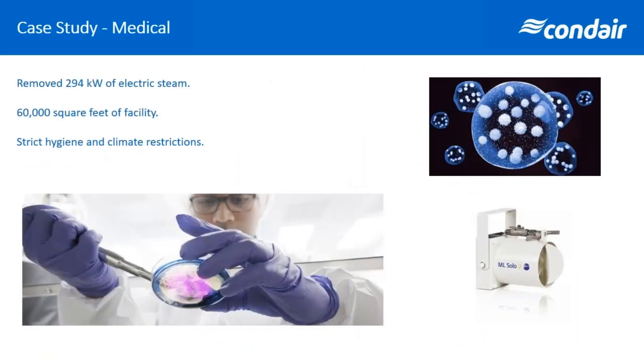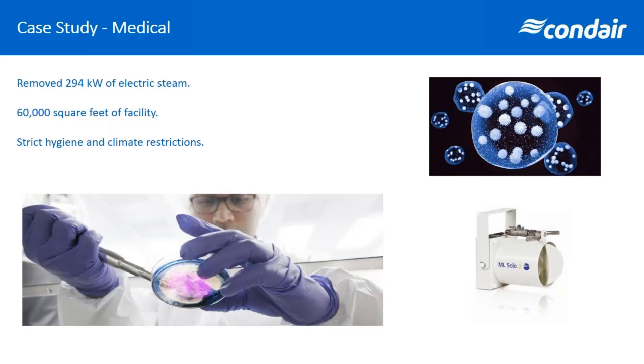Case studies, you can find them at the Condair website, www.condair.com, under downloads, but this is just one example. They were boiling almost 300 kilowatts worth of steam. It's roughly 300 pounds an hour, if I recall correctly, and we removed 294 of those kilowatts from the system.